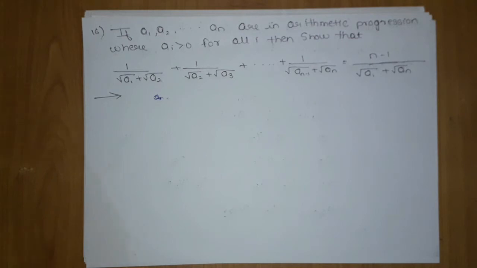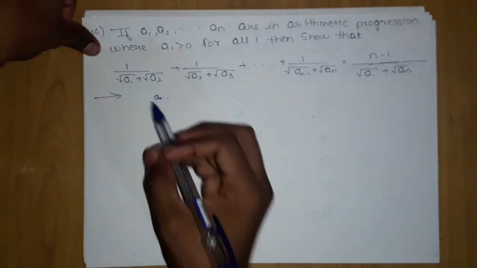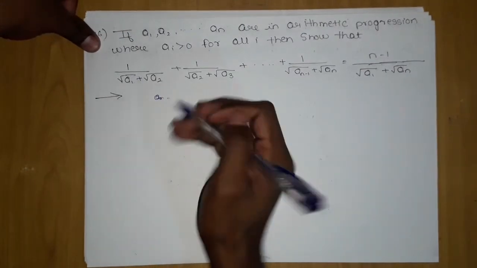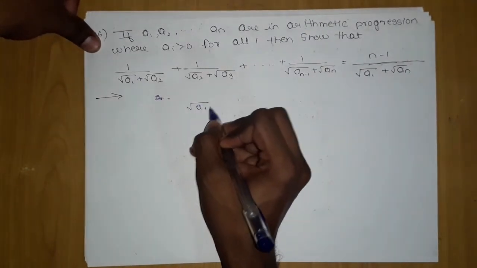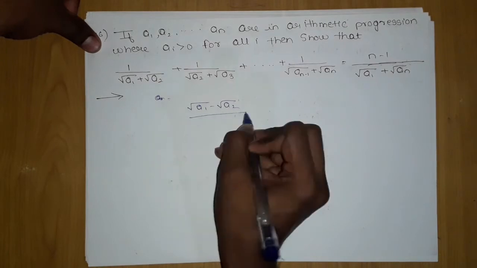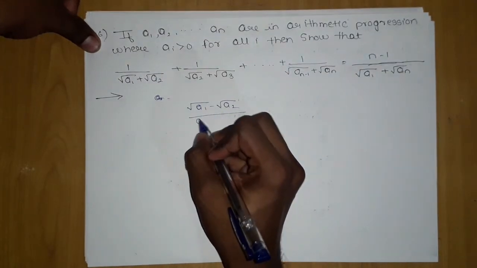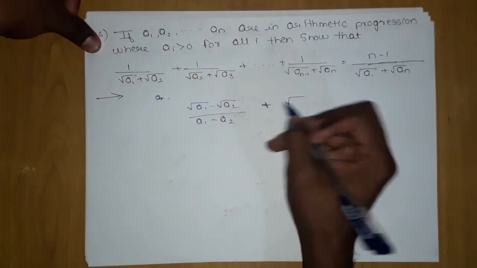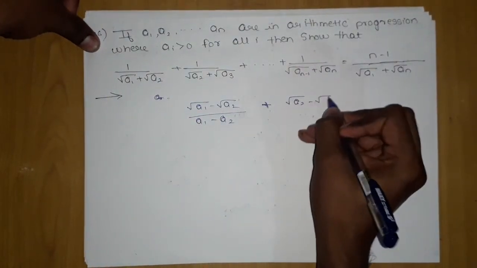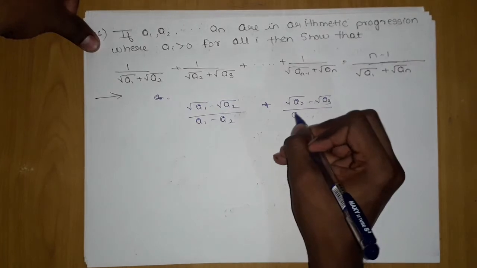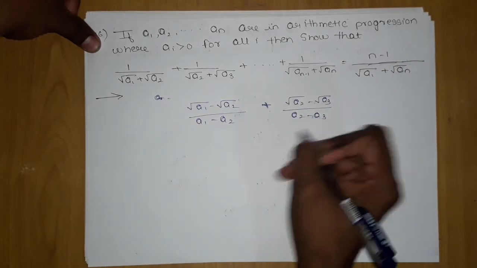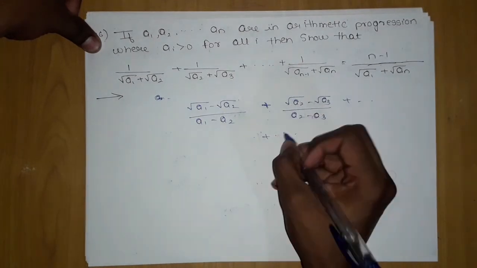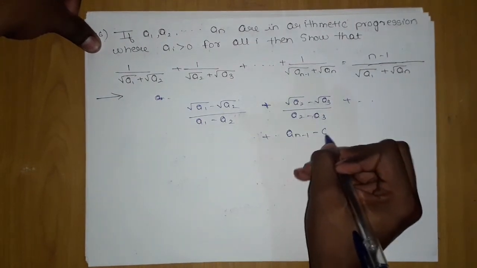Now the first thing I can think of is rationalizing. When I rationalize, I get under root a1 minus under root a2 upon a1 minus a2. Similarly here I will get under root a2 minus under root a3 upon a2 minus a3, until the end, where I get under root an minus 1 minus under root an upon an minus 1 minus an.